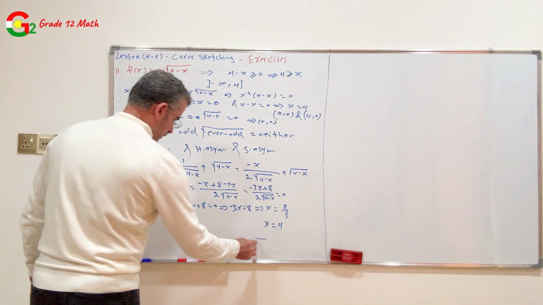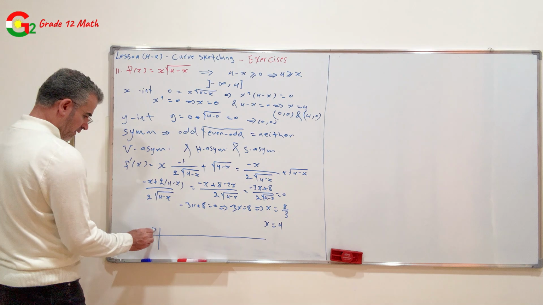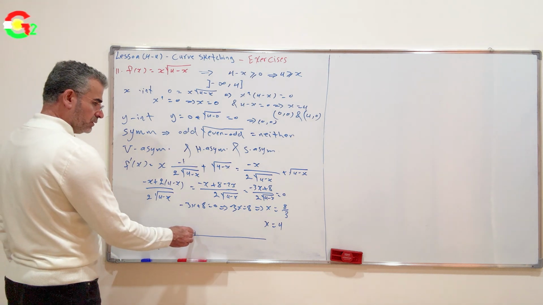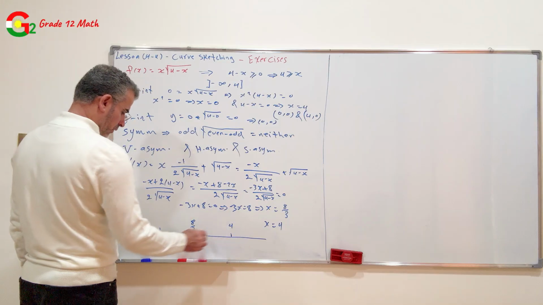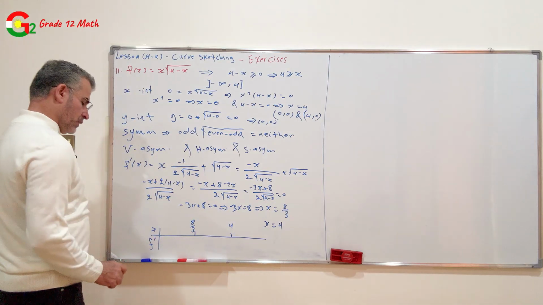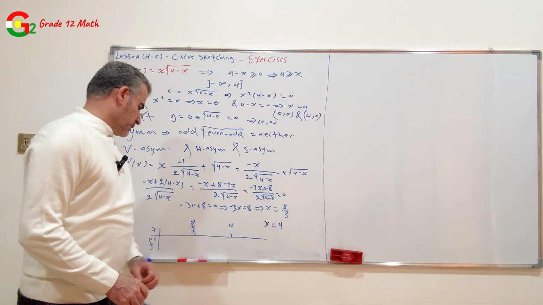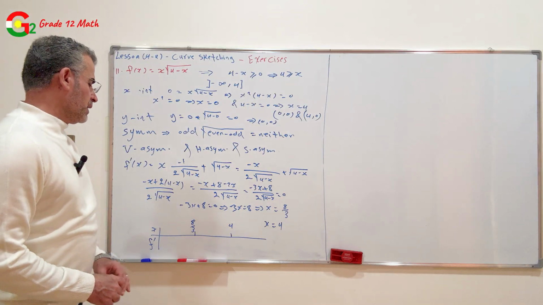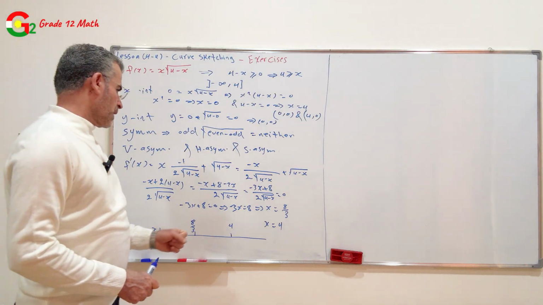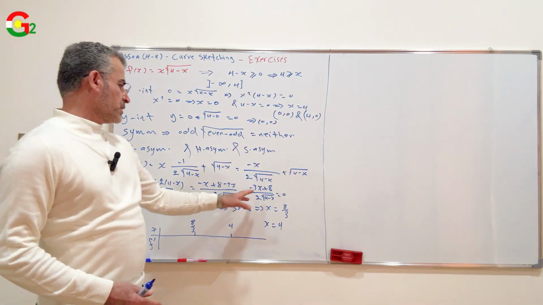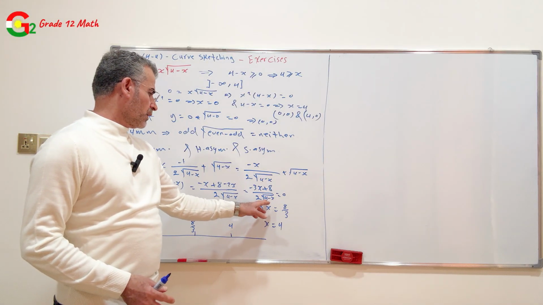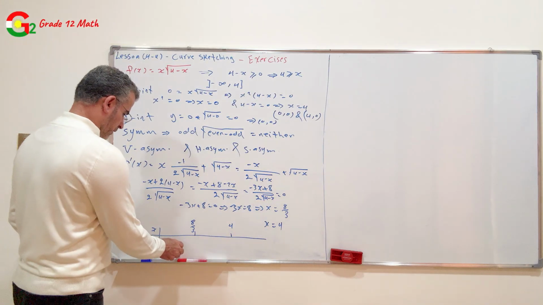We find the sign of the first derivative before and after these values, 8 over 3 and 4. When x is less than 8 over 3, take 0 for example, negative 3 times 0 plus 8, 8 over 4, it is a positive value.